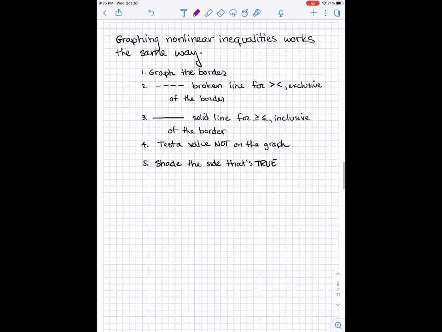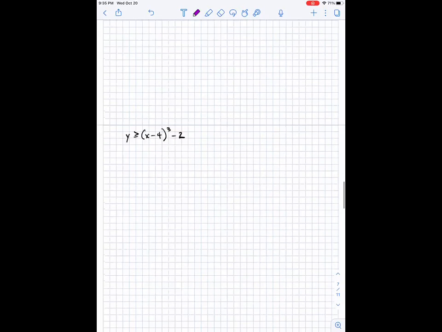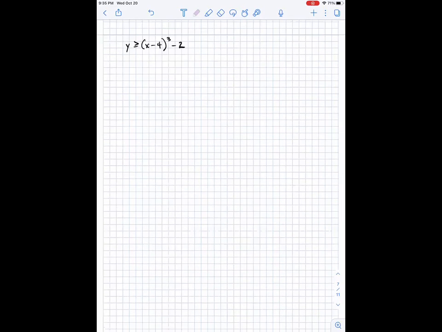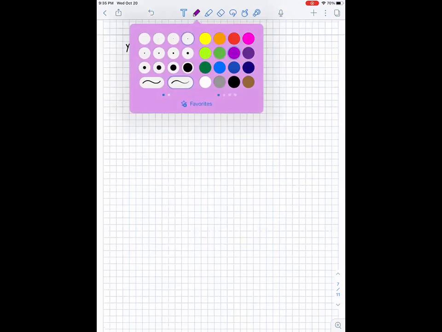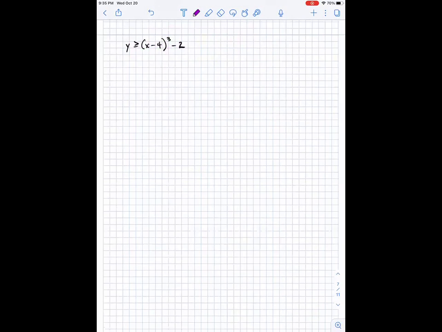So let's take a look at graphing this first inequality. It's a cubic, so that's nonlinear. We can graph this using our transformations.